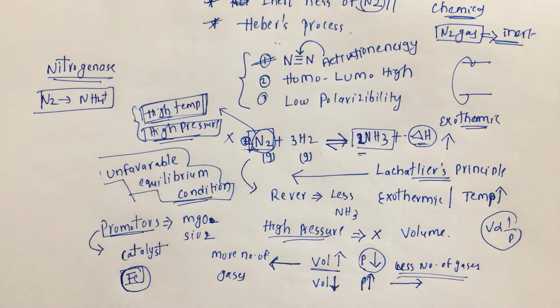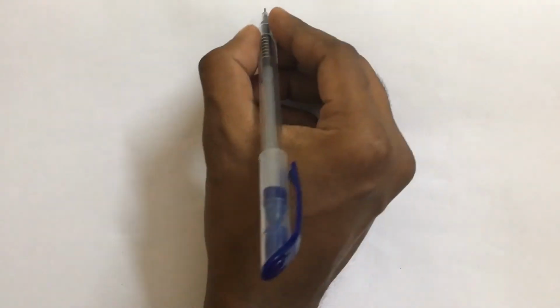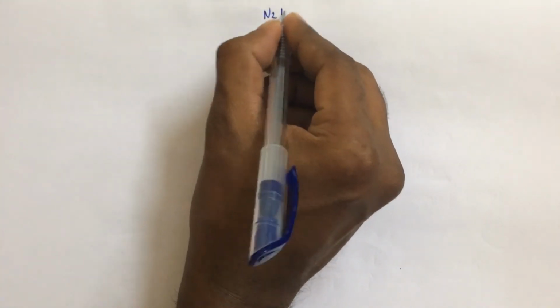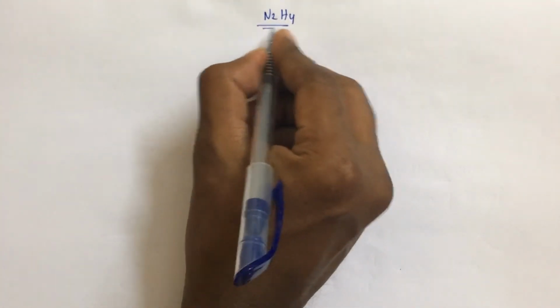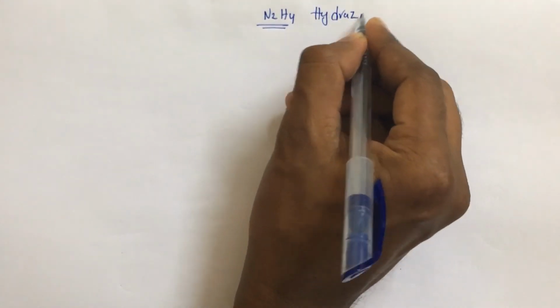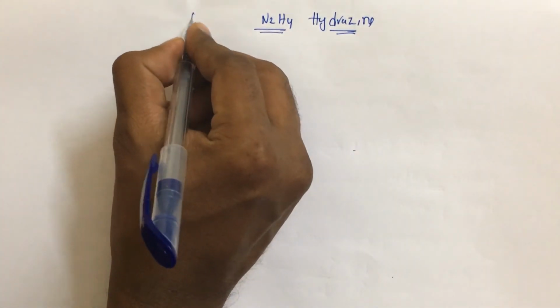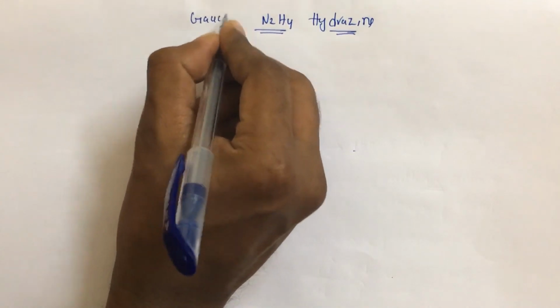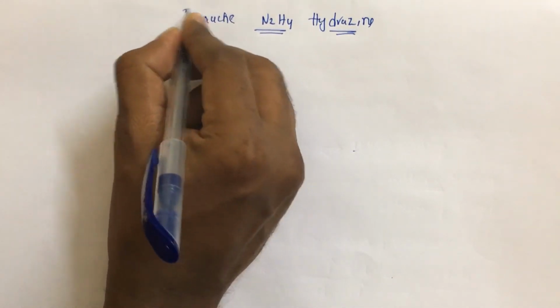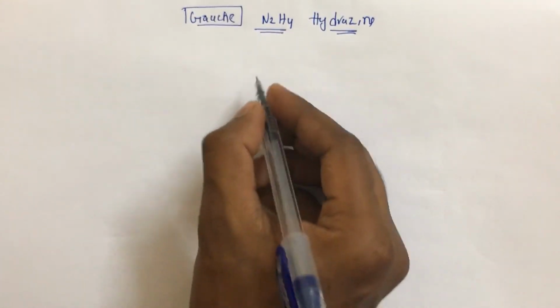Then we will go for the structure of N2H4. What is N2H4? N2H4 is hydrazine. This is also very important. It adopts the Gauche conformation, and they may ask what the point group for this Gauche conformation is.